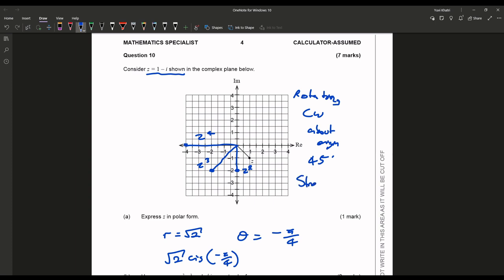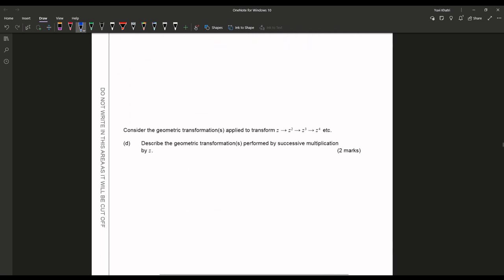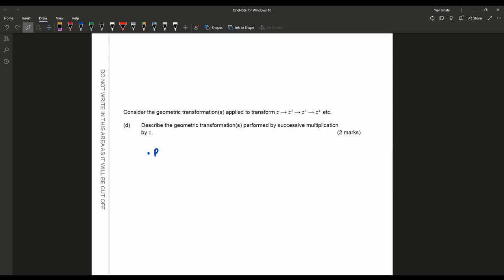So it's stretched by a scale factor of root 2 every time. So that's going to be our answer. Down here, so it is rotated clockwise about the origin 45 degrees and enlarged by scale factor of root 2.